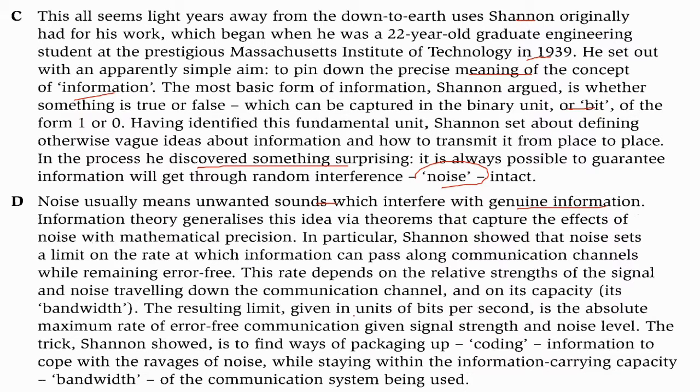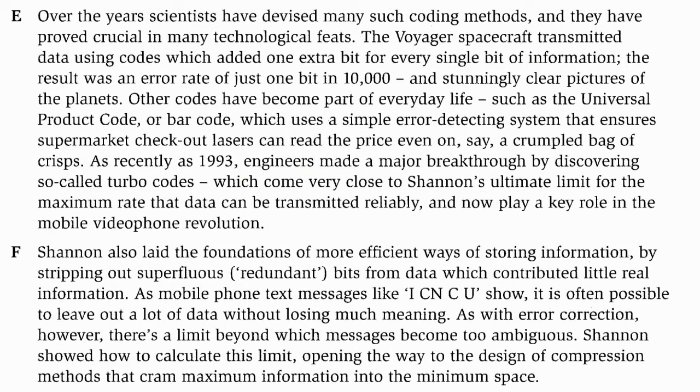The resulting limit, given in units of bits per second, is the absolute maximum rate of error-free communication given signal strength and noise level. The trick, Shannon showed, is to find a way of packaging up coding information to cope with the ravages of noise, while staying within the information-carrying capacity, or bandwidth, of the communication system being used.